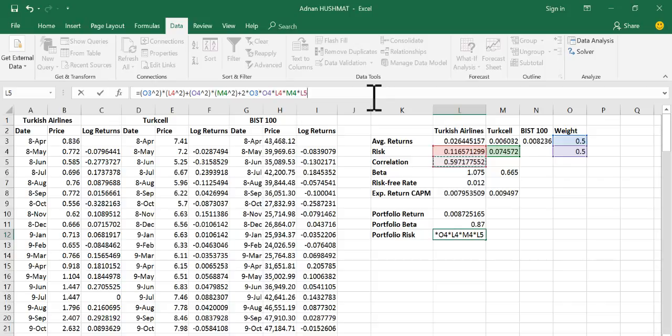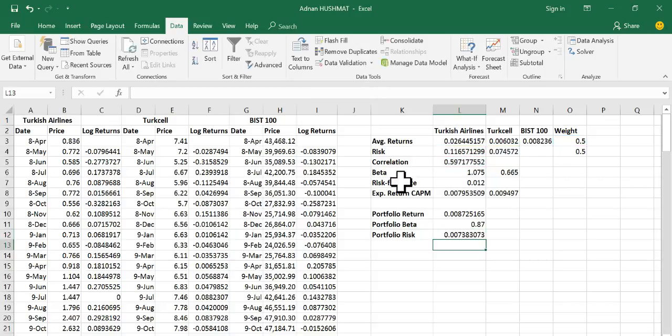So this is the risk of the portfolio. If I just press this, that's it. As you can see, the correlation coefficient between those two is very high, almost 0.60. Still, you are reducing the risk of the portfolio here. If you invest in one stock, the risk is 0.073, in the other 0.11, but here the portfolio risk is 0.0073, and you can expect a return of 0.0087.